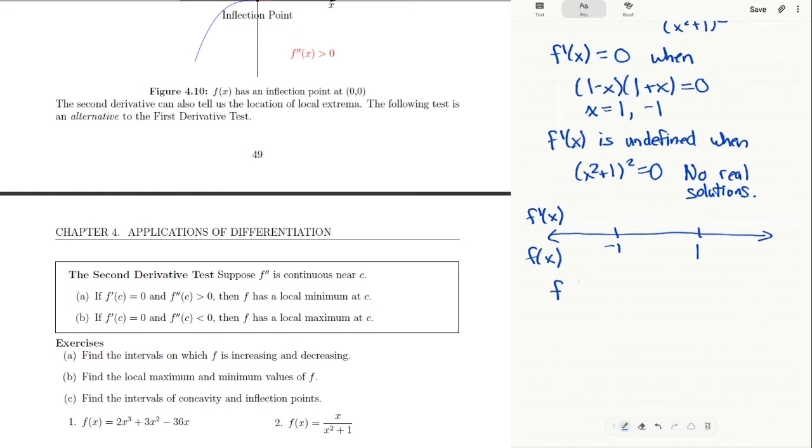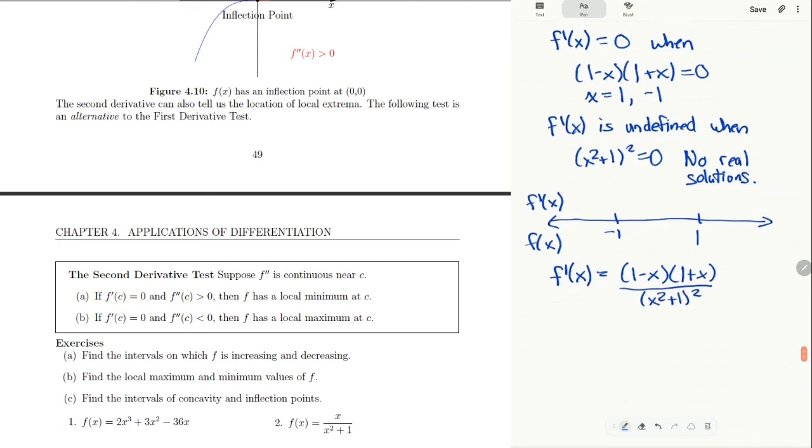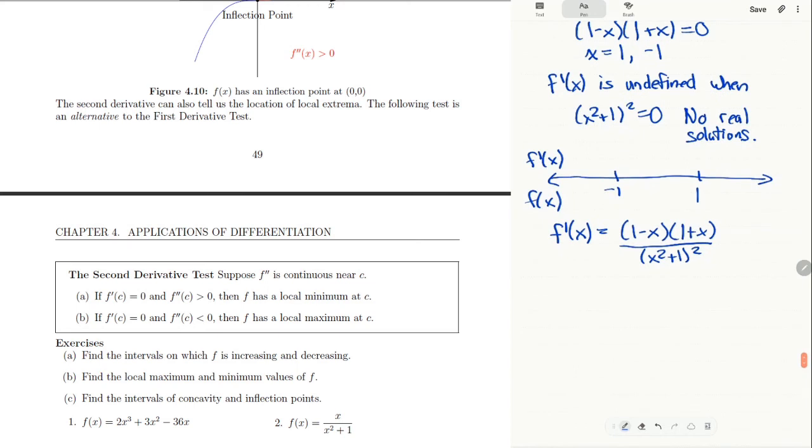We know that the derivative is 1 minus x times 1 plus x all over x squared plus 1 squared. Now if we choose a number between negative infinity and negative 1, for example, negative 2, then 1 minus x is going to be a positive number.